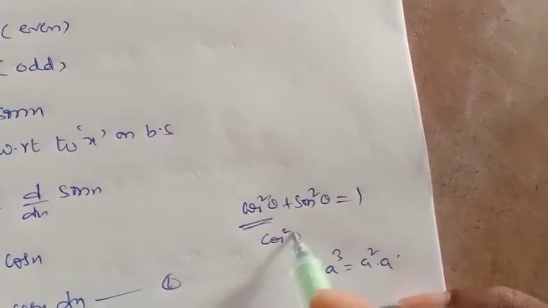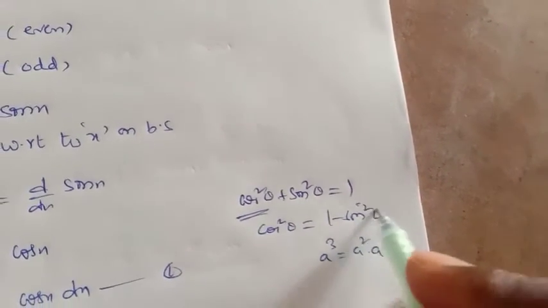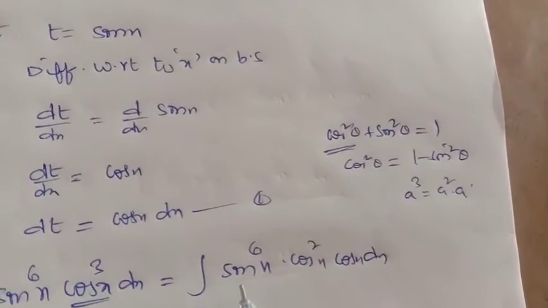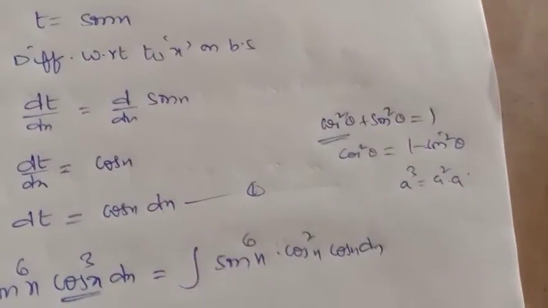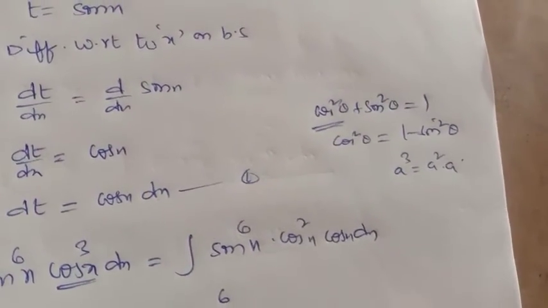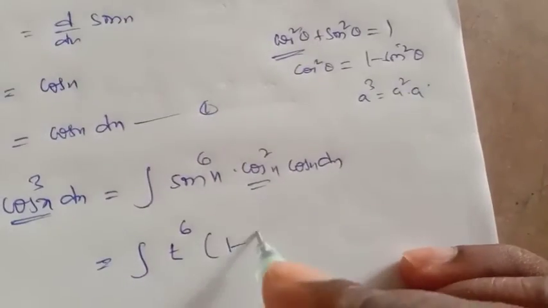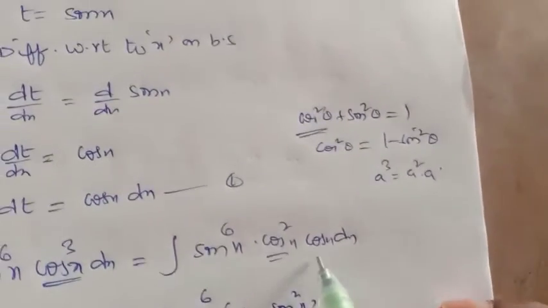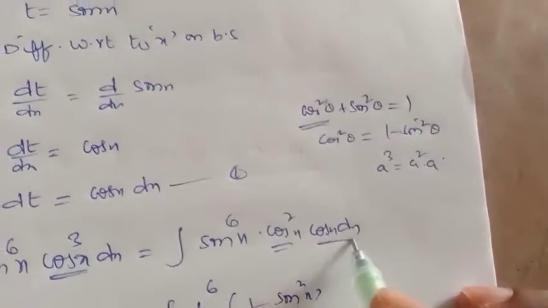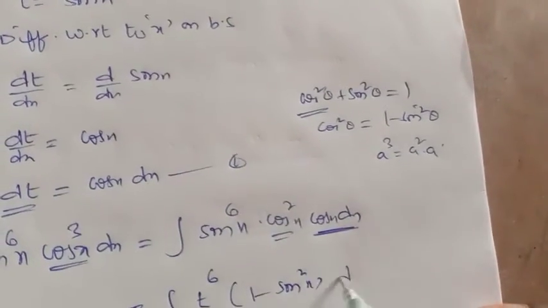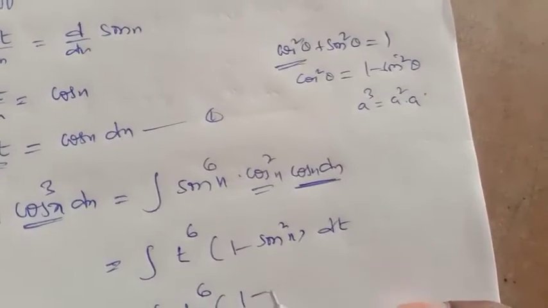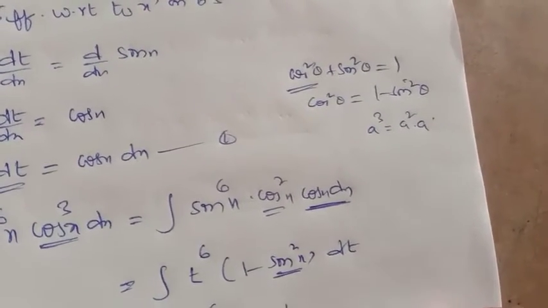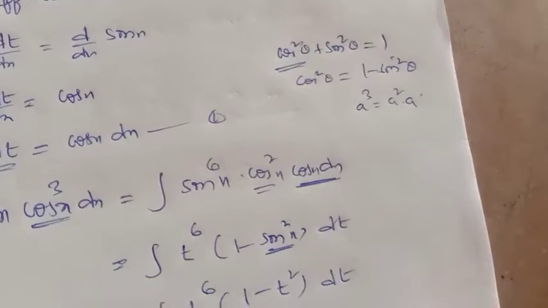Then cos square theta equal to 1 minus sin square theta. Here substitute these values. Already we take t equal to sin x, that is t to the power of 6, and cos square x equal to 1 minus sin square x, and using equation number 1, cos x dx equal to dt. So t to the power of 6, and 1 minus sin square x equal to 1 minus t square, into dt.